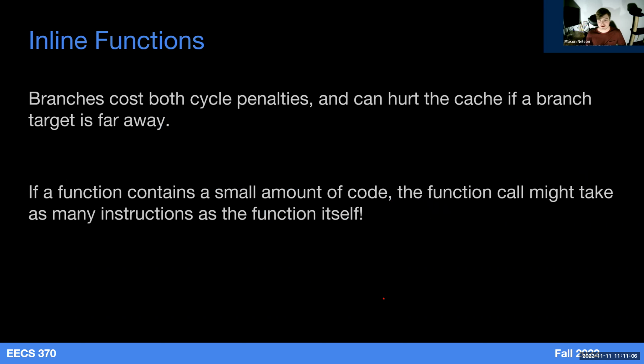So one of them is inline functions. You may recall from project 3, we started to introduce some of these inline functions, but we didn't really explain what they were yet. An inline function takes a function and turns it into assembly code and inserts it into your main function itself.